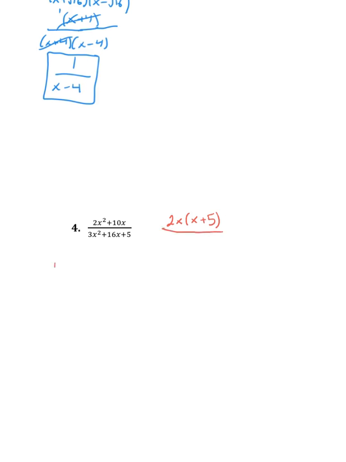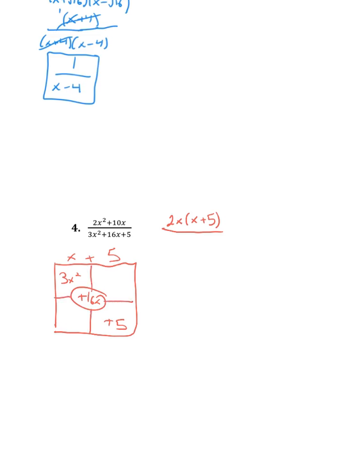Now I want to see, okay, can I get an x plus 5 out of this expression, which is 3x squared plus 16x plus 5. Well, if this side's x plus 5, this side has to be a 3x plus 1. And that's how I can hopefully factor it.